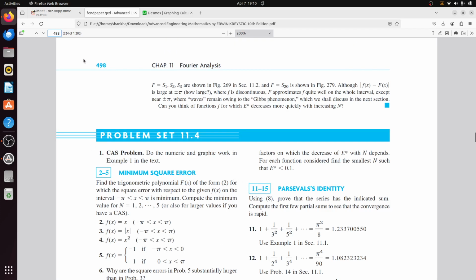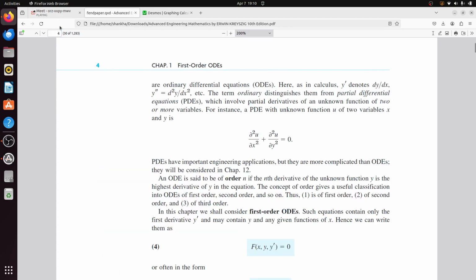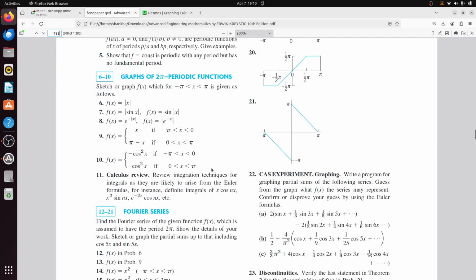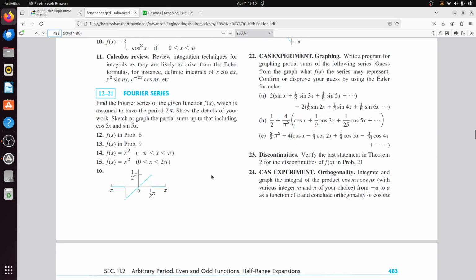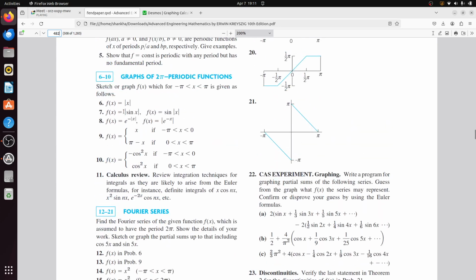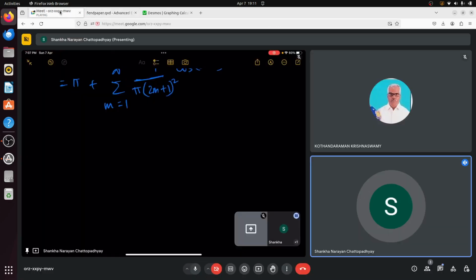Question number 13 is modulus of sin x. The answer is given there. We will try to solve for modulus of sin x, so that we can cross-check.